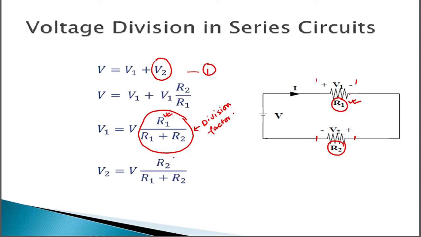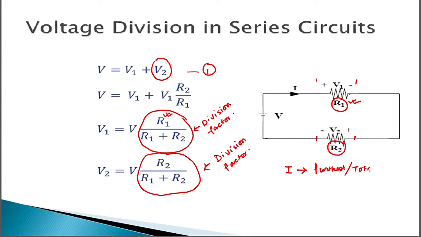Now this becomes the division factor for the voltage division rule. So an easy way to remember: for the current division rule for I, we are going to take furthest by total, and for V we are going to take nearest or self by total.